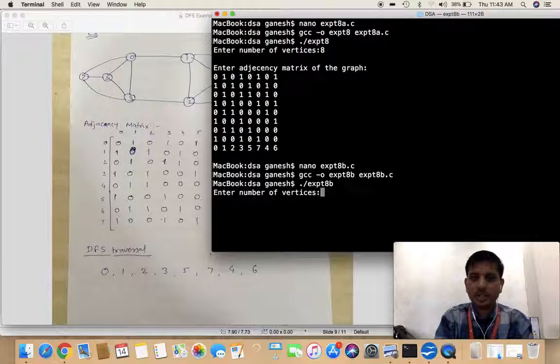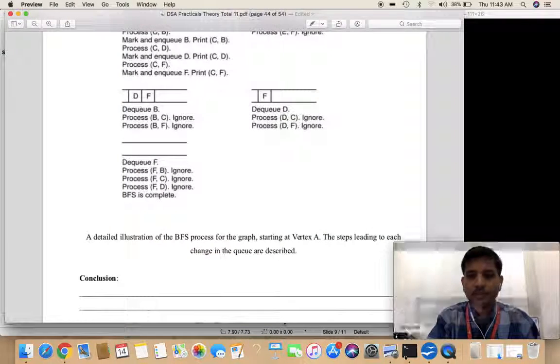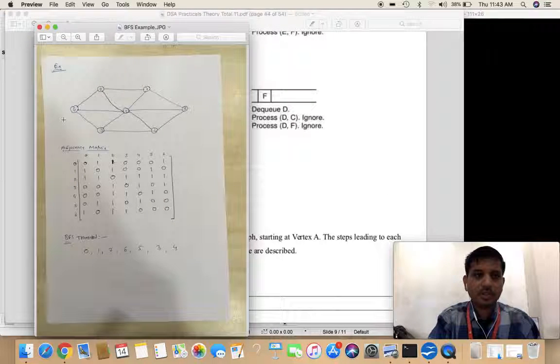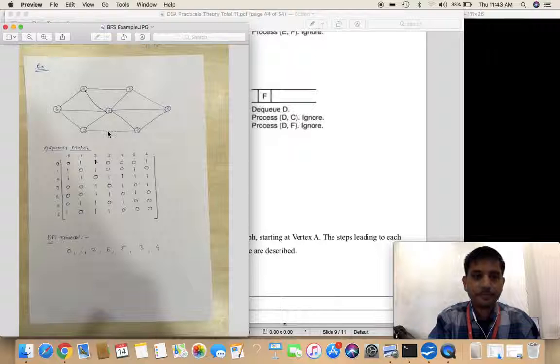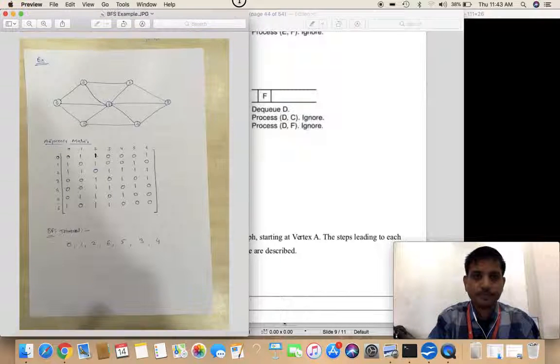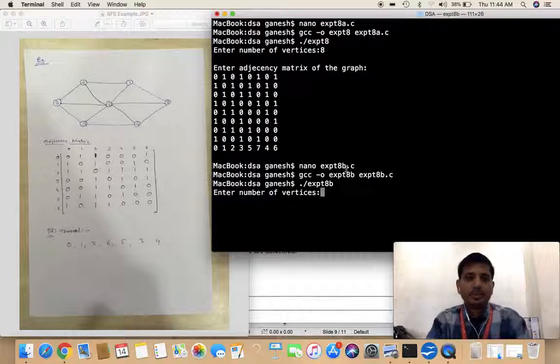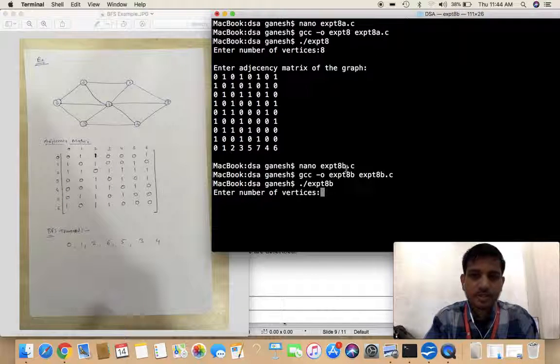Okay, number of vertices. We are taking a different graph for BFS. This graph is given. How many vertices? 1 2 3 4 5 6 7, so 7 vertices.